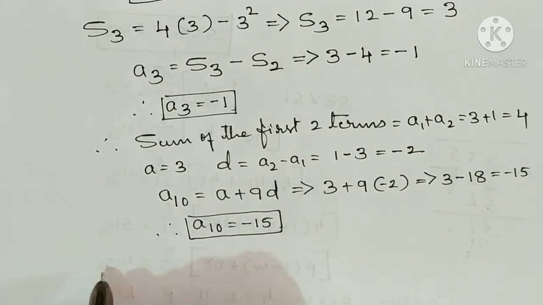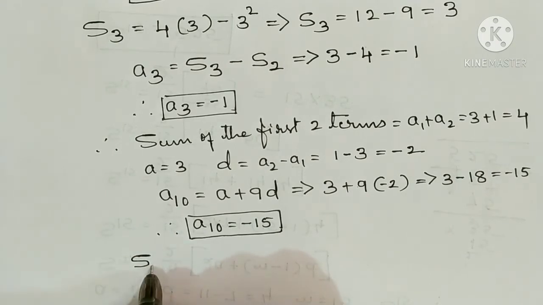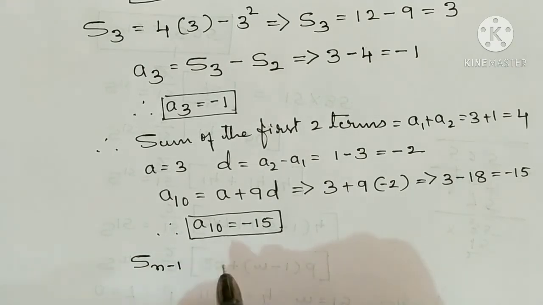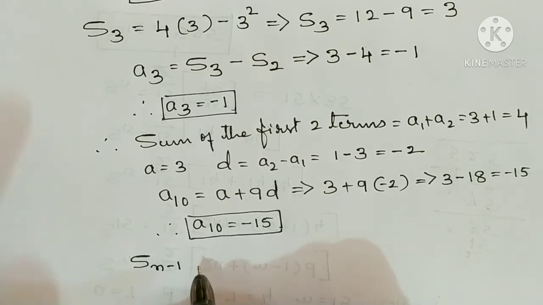So now Sn minus 1. In the equation 4n minus n square is given, so in place of n you should take n minus 1.